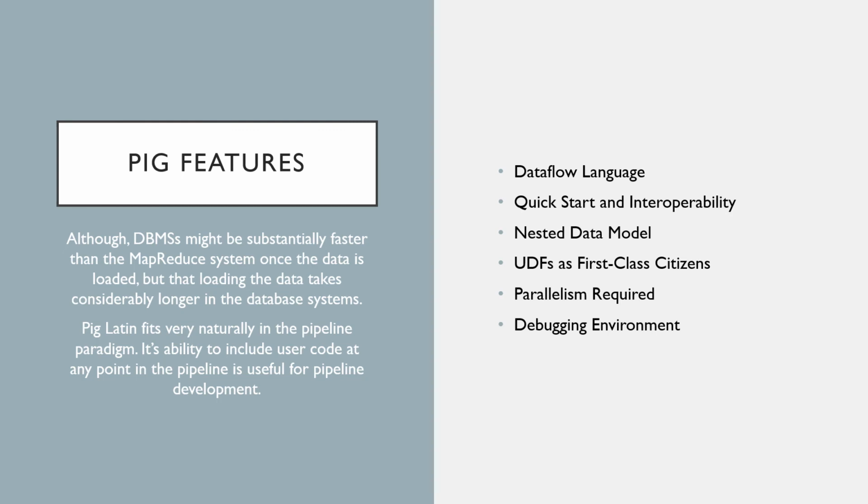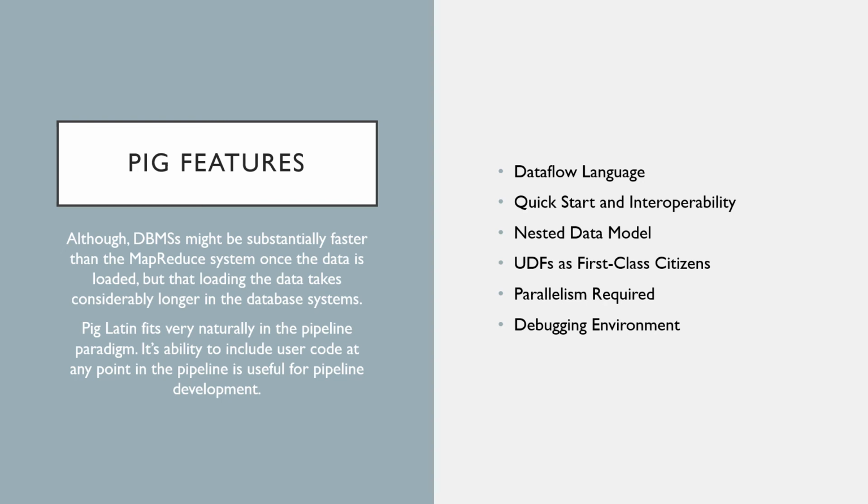However, there are some criticisms of Pig, like database management systems with the classical approach of SQL and MySQL, PostgreSQL. You can get faster data analytics once the data loading is done.